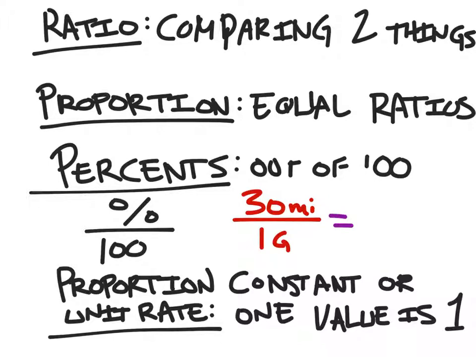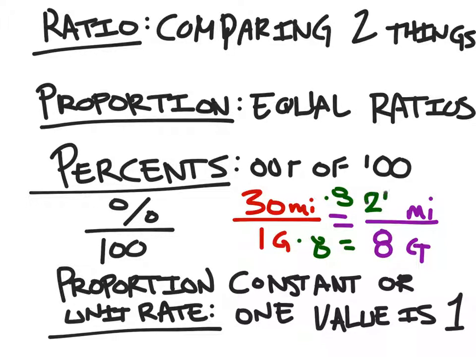Last time we asked, how many miles can he go with 8 gallons? You guys remember that problem? Hopefully. So what did we do? We did 1 times 8 to get the 8 gallons, and we did 30 times 8 to get 240 miles. So he can go 240 miles with 8 gallons.